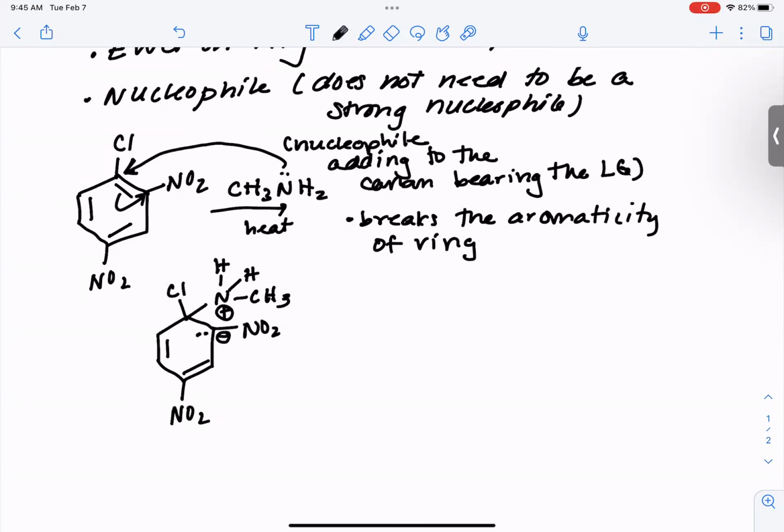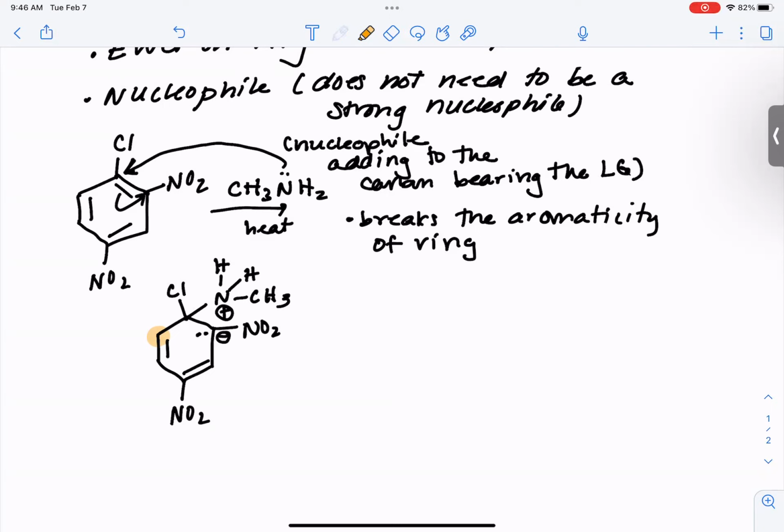Because the nucleophile was neutral, I have a positive charge on the nitrogen and a negative charge on the carbon with the nitro group. I could have gone the other way, to this carbon. It's just where my pi electrons were in the ring.